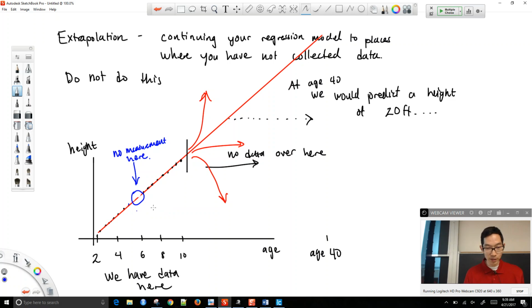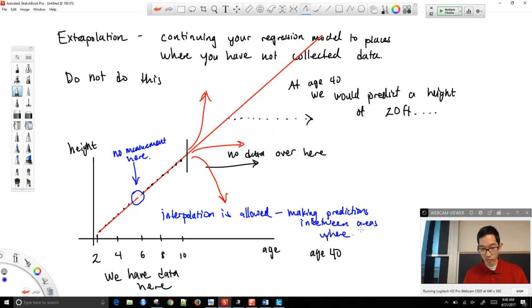Interpolation is allowed, which is making a prediction for in-between areas where you have data collected. So that's interpolation. You can do that.